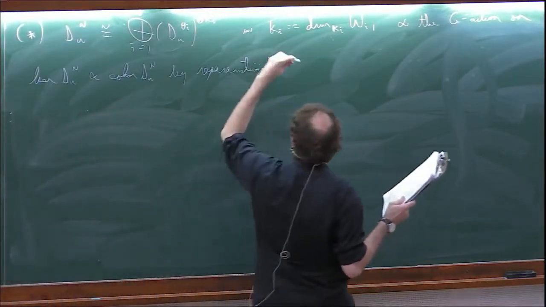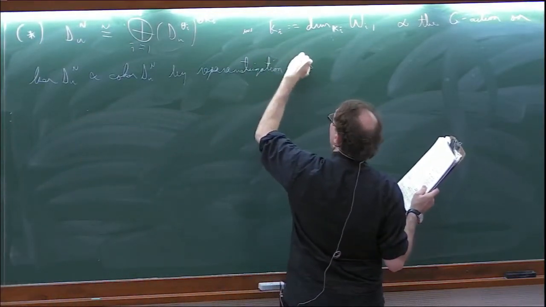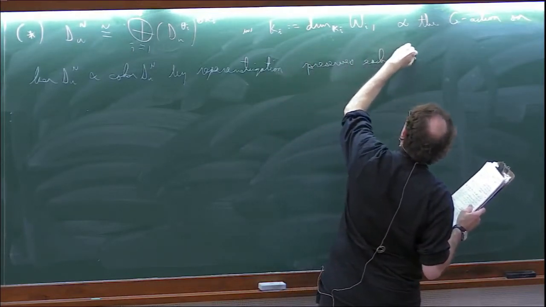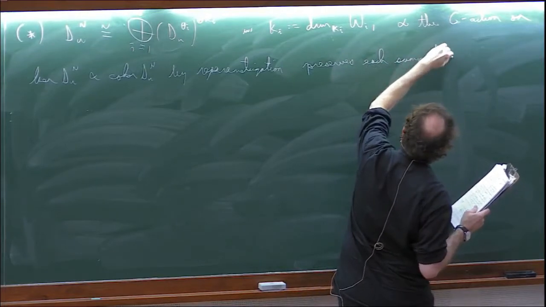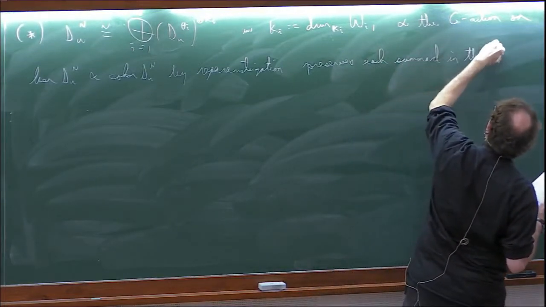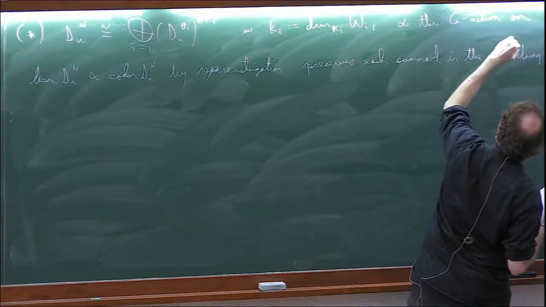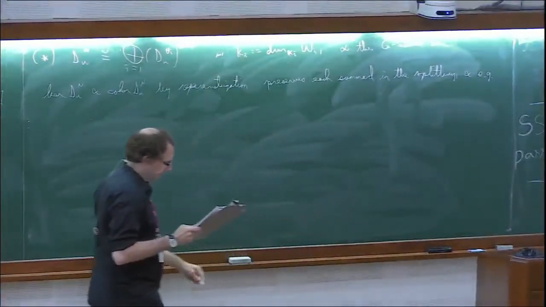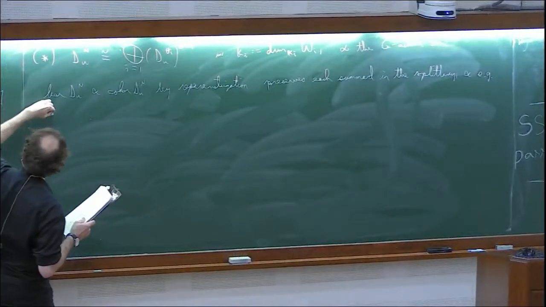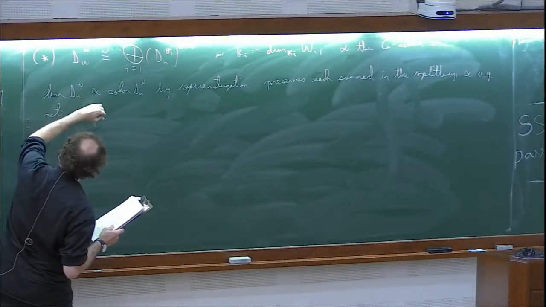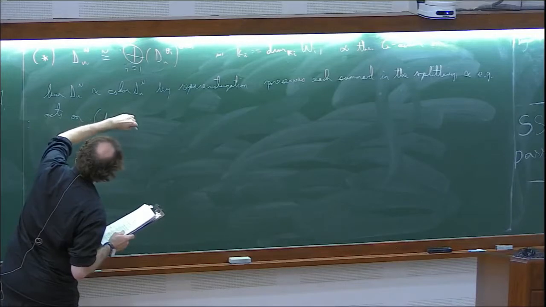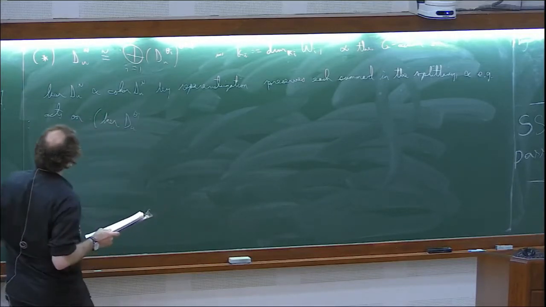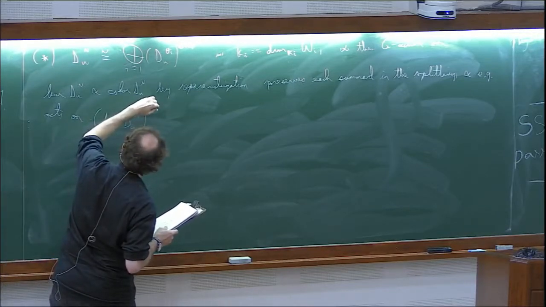My claim is that it preserves each summand in the splitting. And if you just focus on one particular summand, for example, it acts on, say, the kernel of the operator du theta I repeated some number of times.